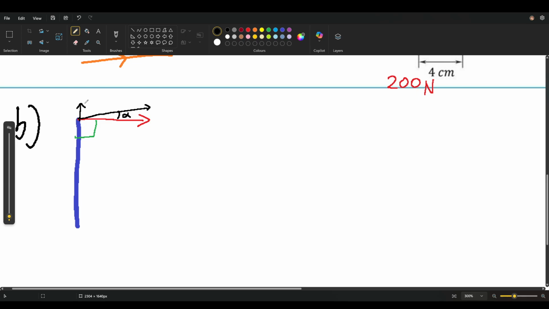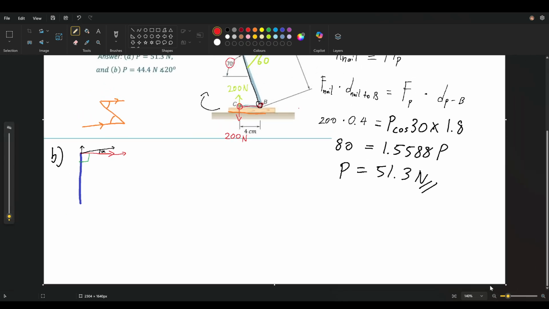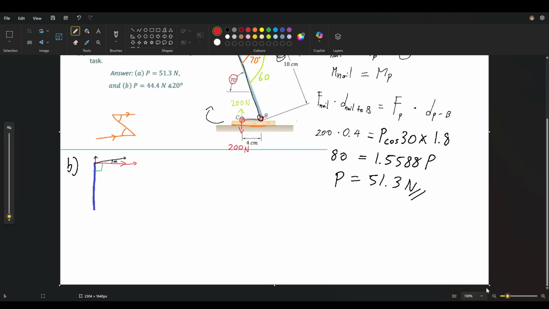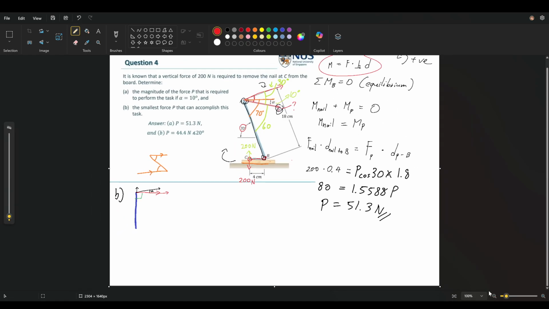So with this, I hope we can understand why when my force is acting perpendicular to the distance, it gives me the smallest value of the force required. Okay? So with that, we now know that in order to get the smallest force, we need to run along this red line that I drew earlier.